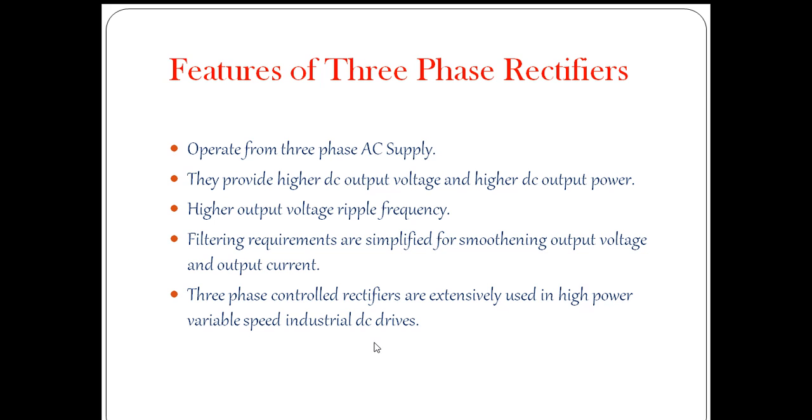We use DC drives whenever the variation of speed is important and high starting torque is required. So in an industrial DC drive, we require DC. To produce DC, we use three-phase rectifiers. Compared to single phase, in three phase the output voltage will be more, and the frequency of ripples will be reduced.